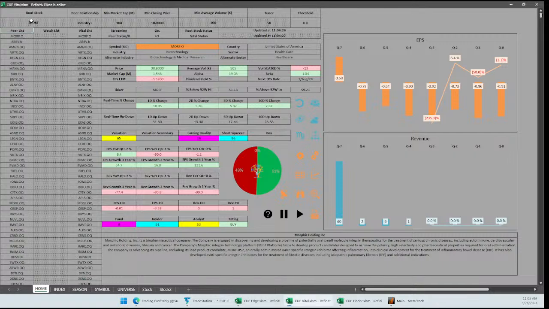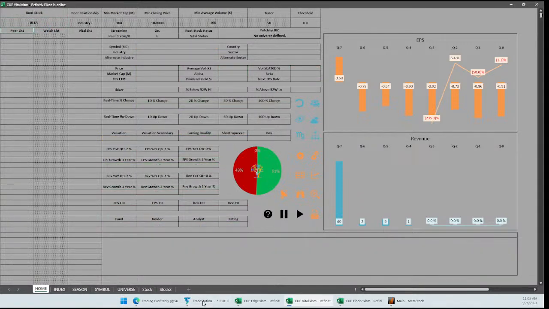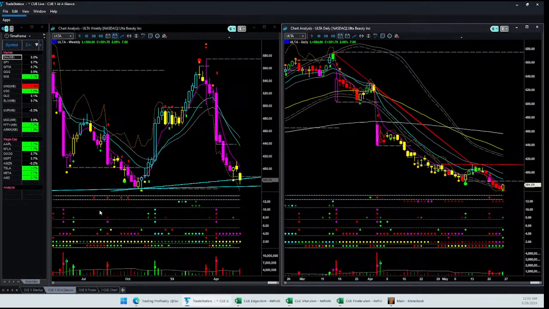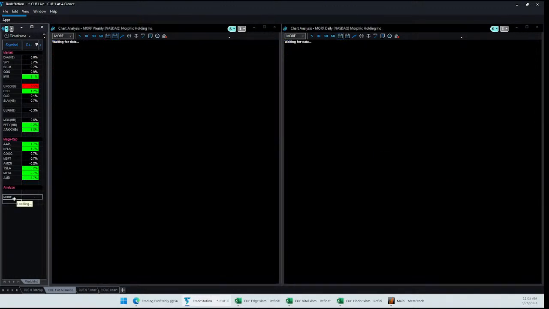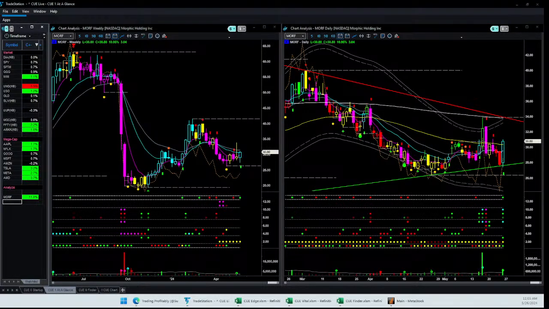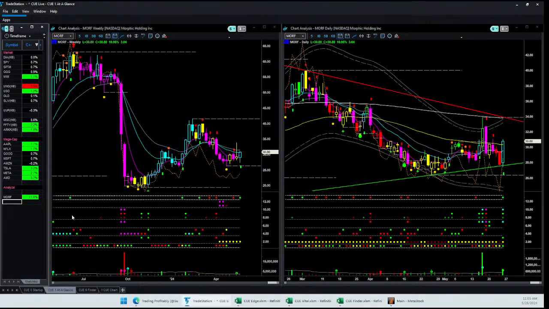And let's look at Ulta. MORF, I'll not buy personally. I am not an expert on biotechs, though technically it is giving a nice chart pattern.